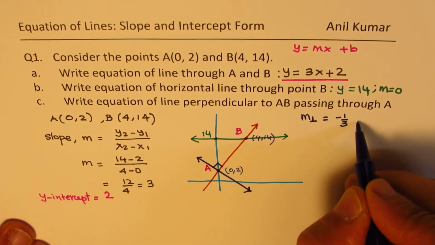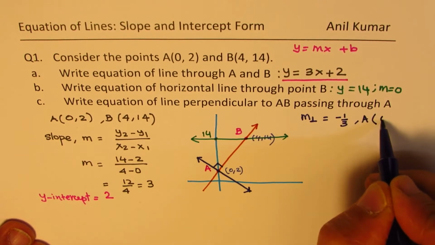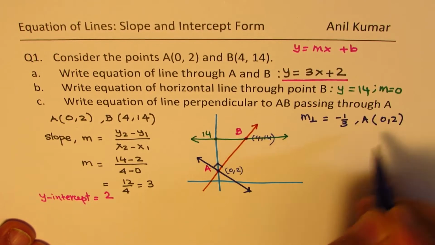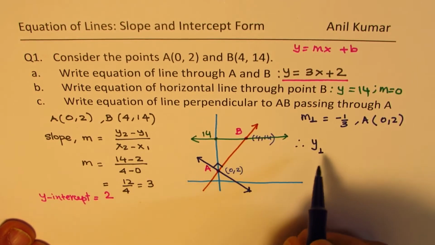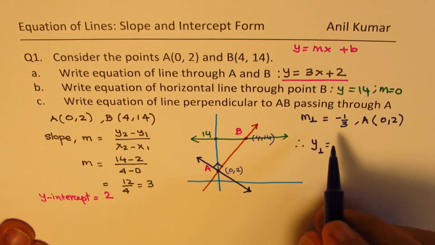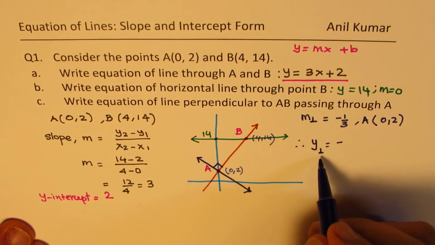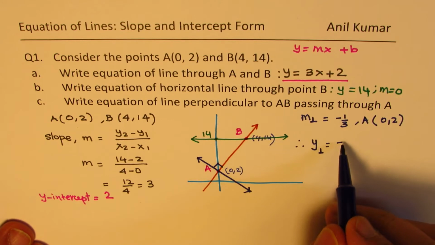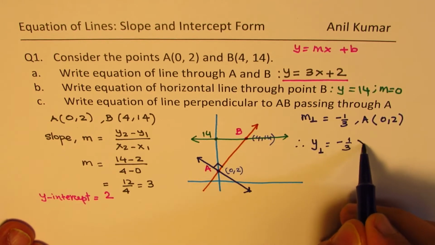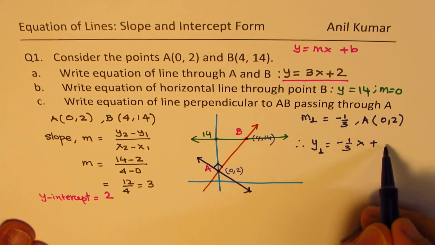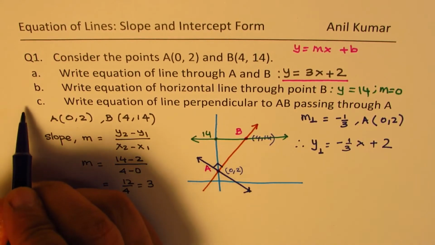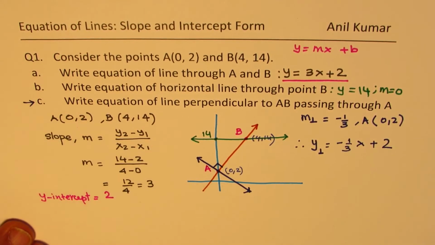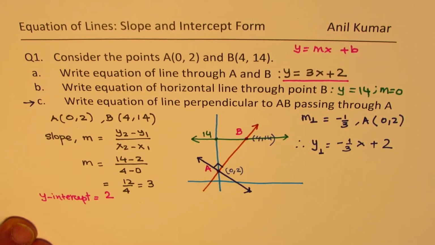And we know that the coordinates of point A are (0, 2). Therefore, the equation of this perpendicular line is y equals minus 1 over 3 x plus the y-intercept 2. That becomes the equation for the perpendicular line through A.